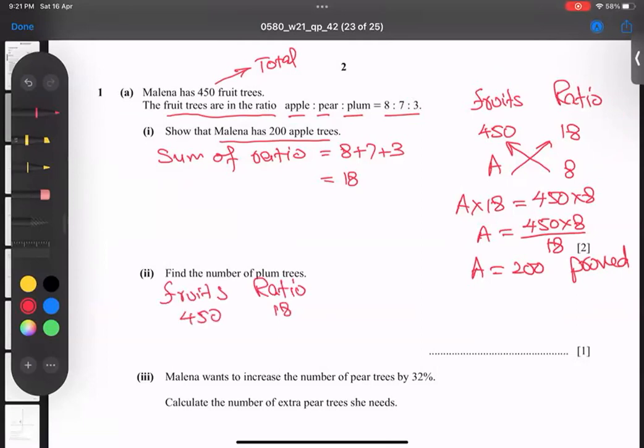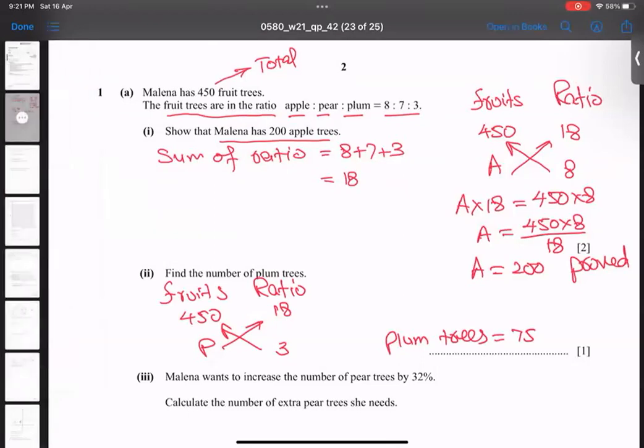And I'm looking for plum, that is a 3 ratio, and P for plum. And simply cross multiply, and I'm saving my time. I just do directly, and the answer is turning to be 75. So plum trees are 75. Over. So let's go for next point.